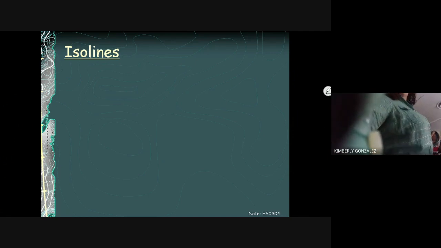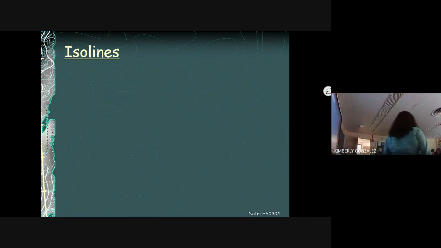Isolines are going to do the same thing, except we're going to play connect the dots. Isolines connect the points of equal values. I'll say it again.